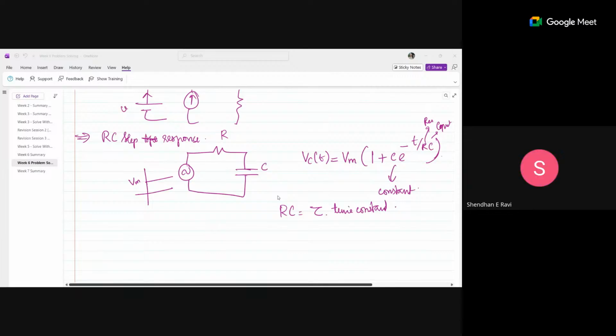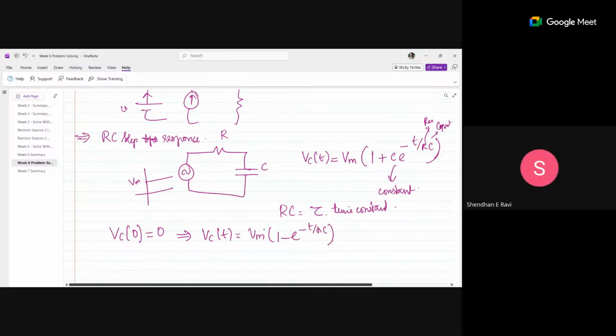Ma'am, why should we use this 1 plus C e formula every time instead of directly using the other derived formula? That depends on the condition, right? If they say the initial condition is equal to 0, you can use the other one, VC of t equals Vm times 1 minus e power minus t by RC.